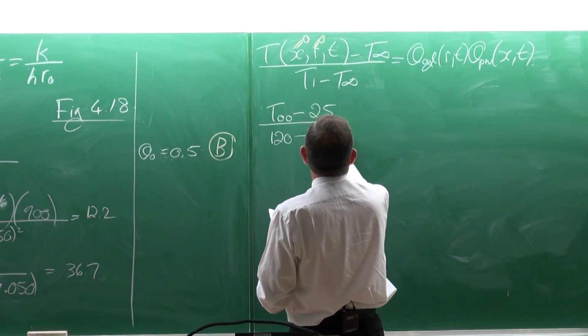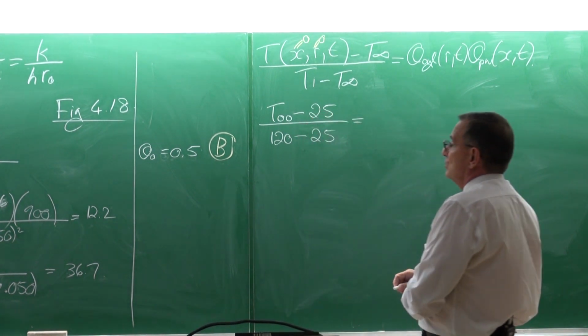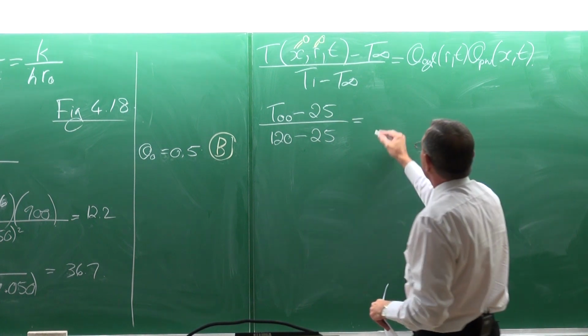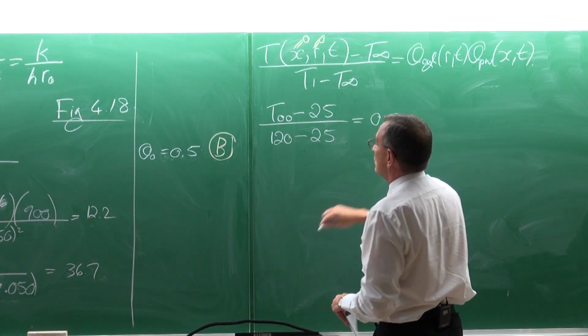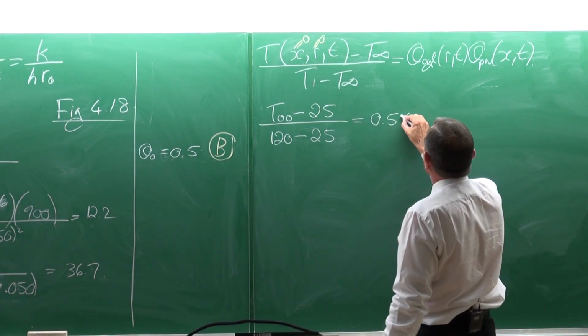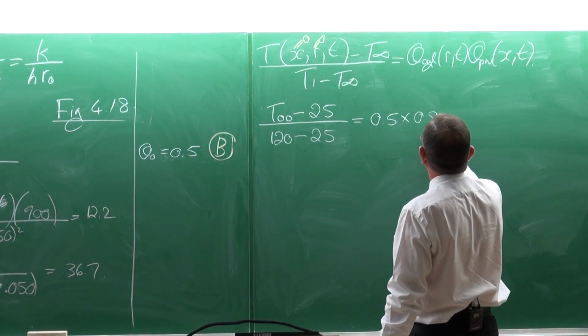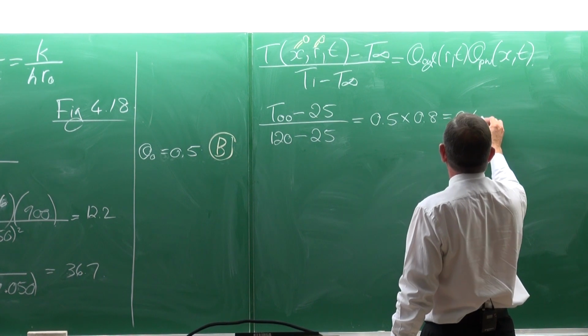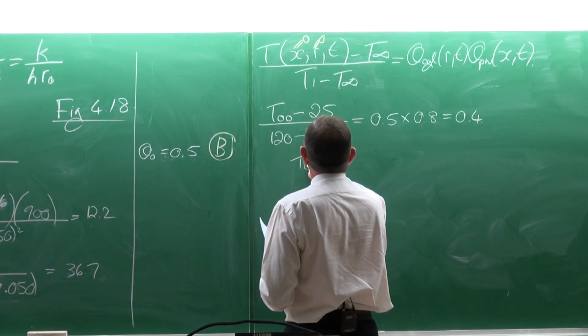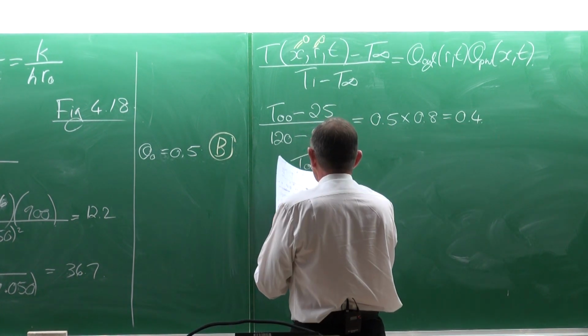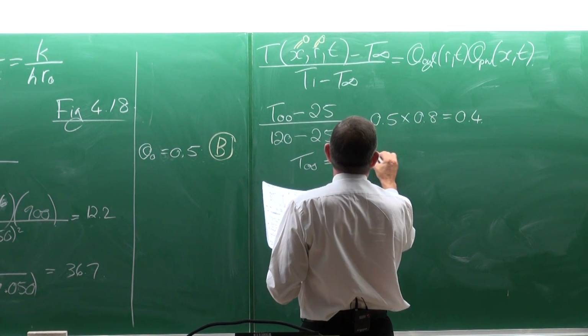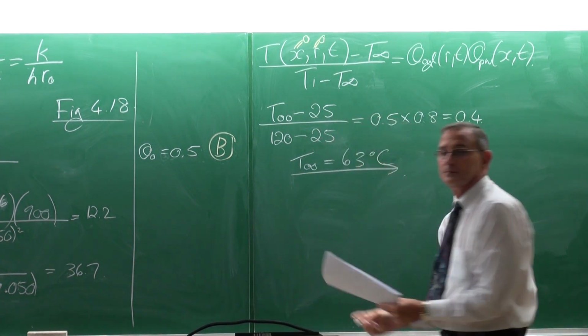Minus 25 is equal to the non-dimensionalized temperature for the cylinder multiplied by that of the plane wall, 0.8, and that is equal to 0.4, from which we can calculate that the temperature in the center would be equal to 63 degrees Celsius.